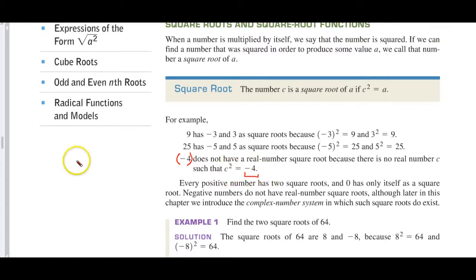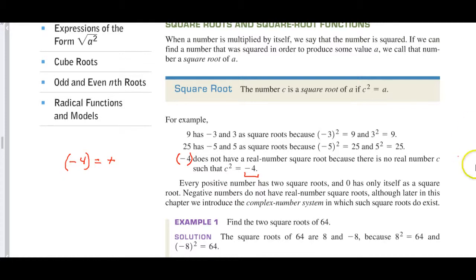And what do they mean? Well, if we square a negative number, for instance, it will always be positive. That is negative times negative. So that's why they're saying you can't have a negative 4 be a square root of something. If you square a negative number, it's always going to be positive.